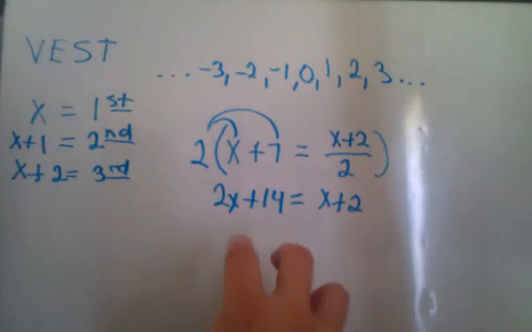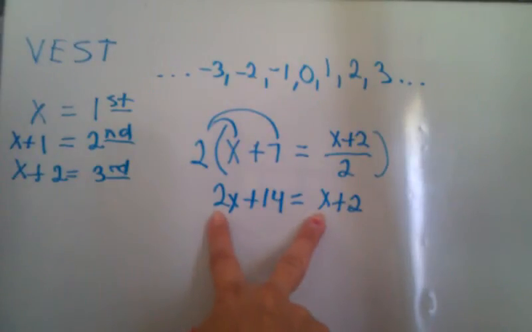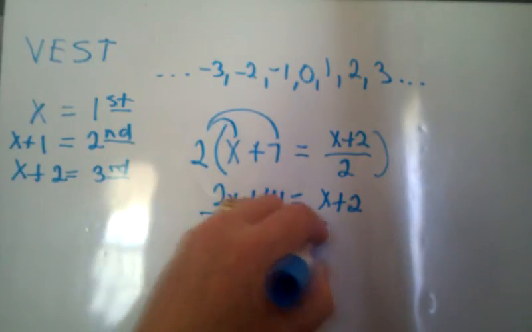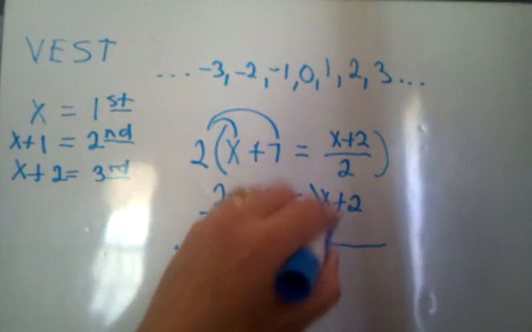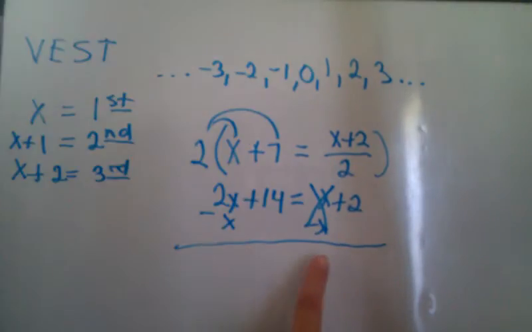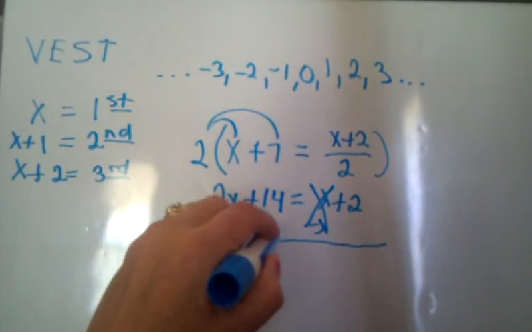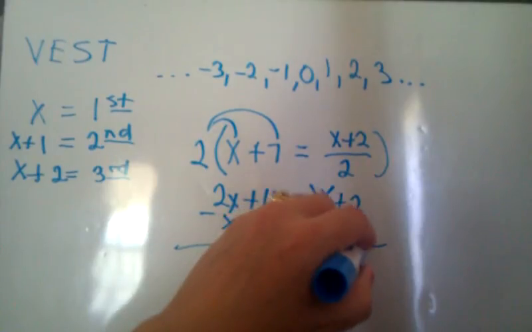Now let's look at this. The 2x is larger, so I have to subtract this x, so minus x from both sides. Those cancel out. Since I have an x over here, I need an x over here. So this is what I have to get rid of. The opposite of plus is minus, so minus 14.